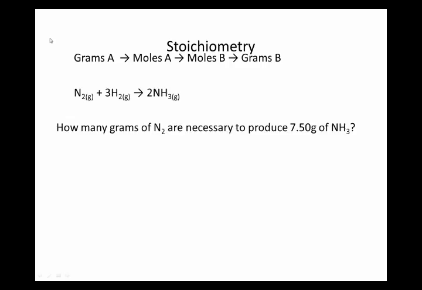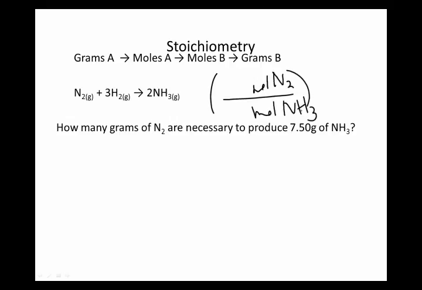So it's going to be basically the same. But how many grams of N2? So remember, at the core of this problem is going to be this step. Because I'm converting from NH3, I'm going to have moles NH3 and moles N2, because that's what I want to know about. And in the numerator, of course, is going to be a 2 because of this 2 here. And down here will be a 1 because there's an understood 1 here.